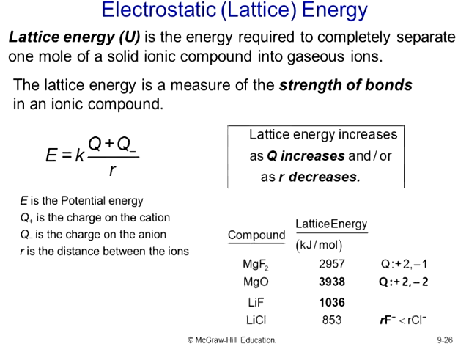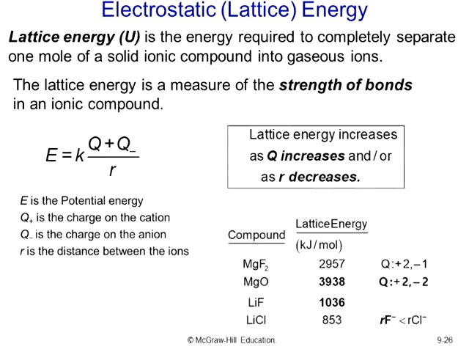So, what do we know then? We conclude that lattice energy increases as Q increases and/or radius decreases, simply by paying attention to the math. We decrease the radius, the lattice energy increases. We increase the charge, the lattice energy increases.